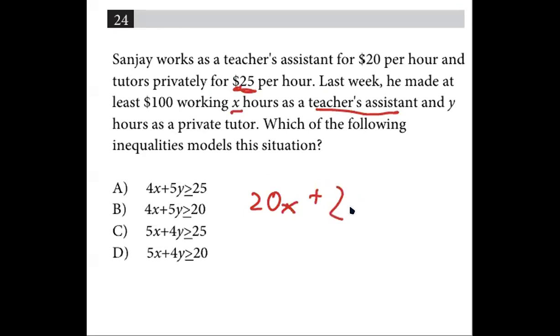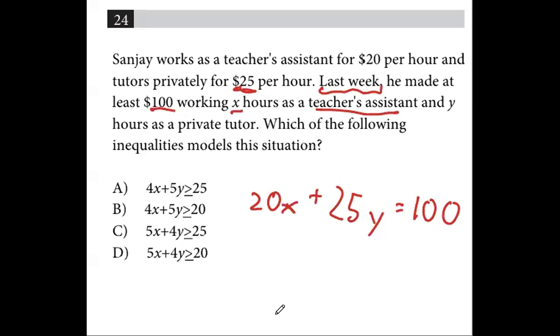He said that last week he made $100 working x hours as a teacher assistant and y hours as a private tutor. So that means he made $100 in total. So 20x plus 25y equals $100 total that he made last week.